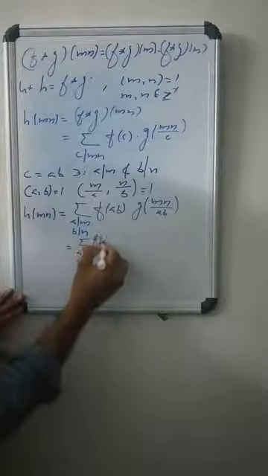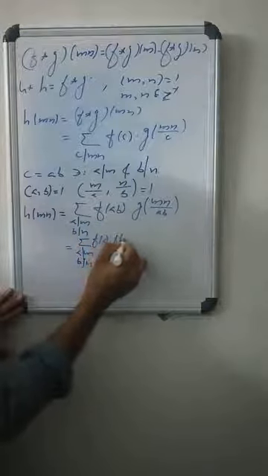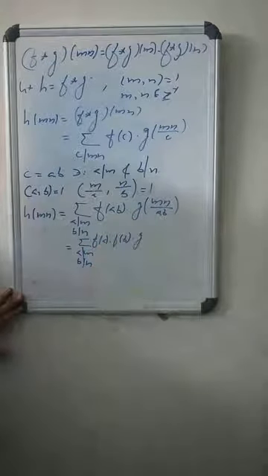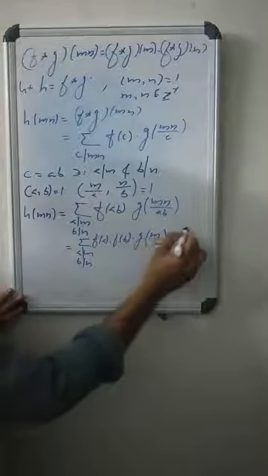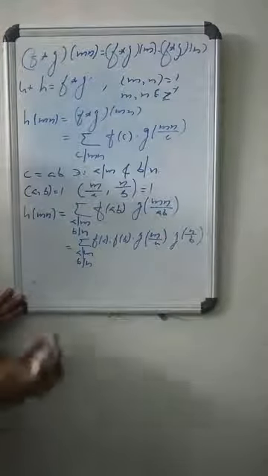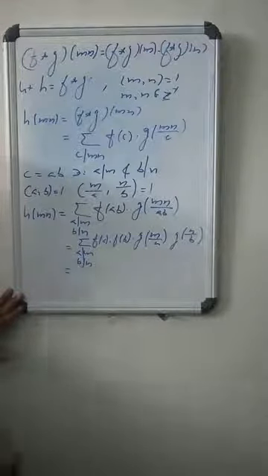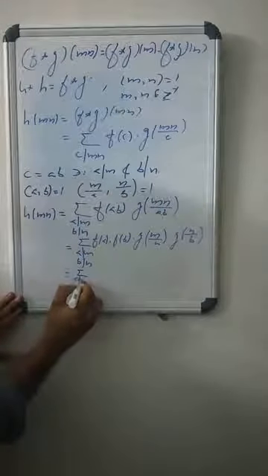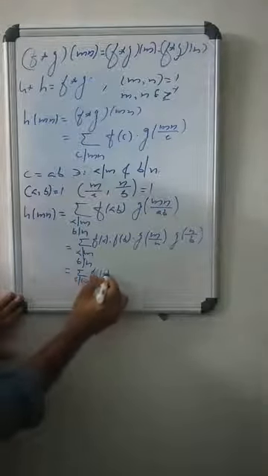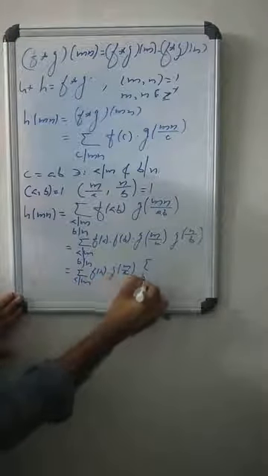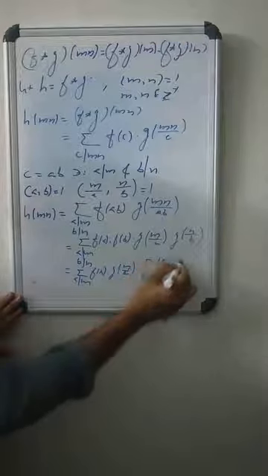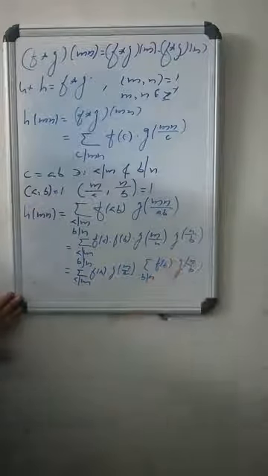Since f is multiplicative, it is f of a into f of b, and since g is multiplicative, it is g of m by a into g of n by b. So you can rearrange it. That equals the sum over a divides m of f of a into g of m by a, into the sum over b divides n of f of b into g of n by b.